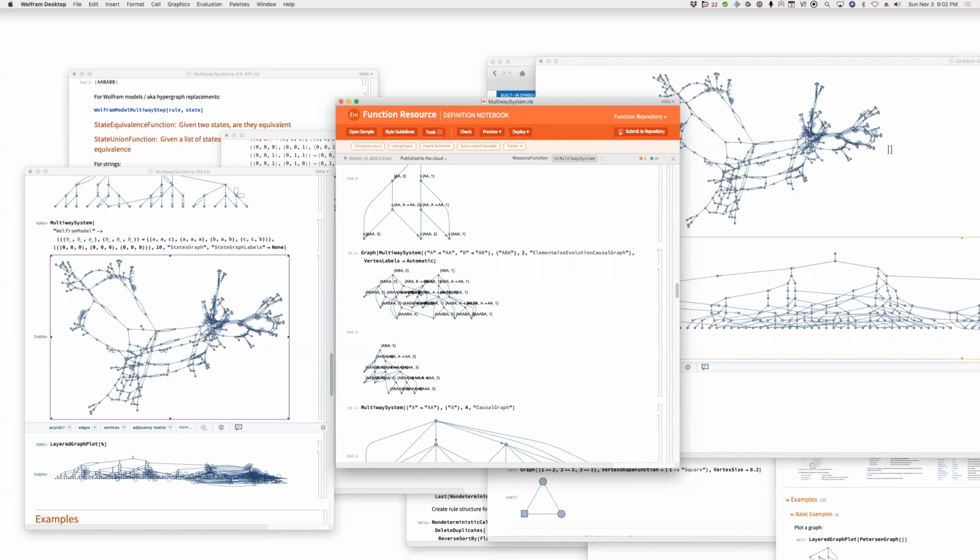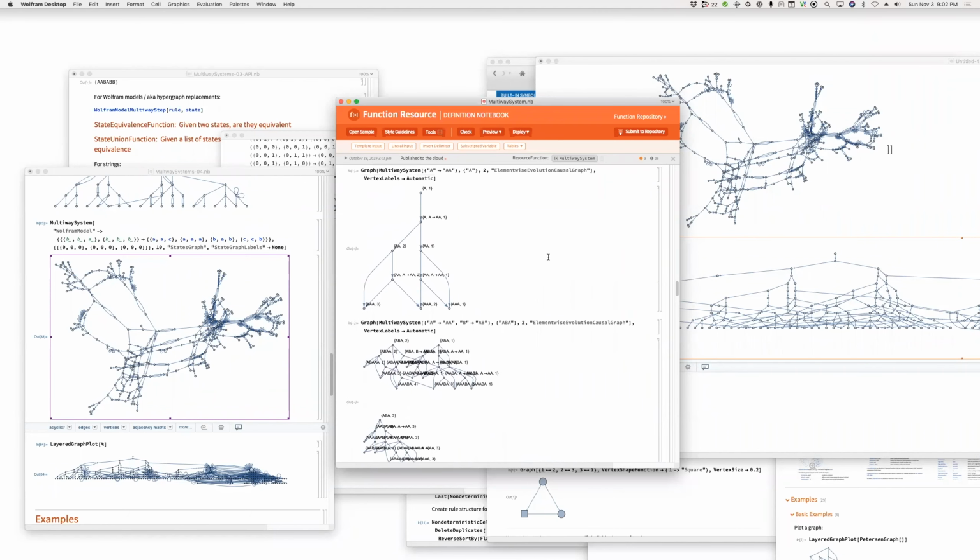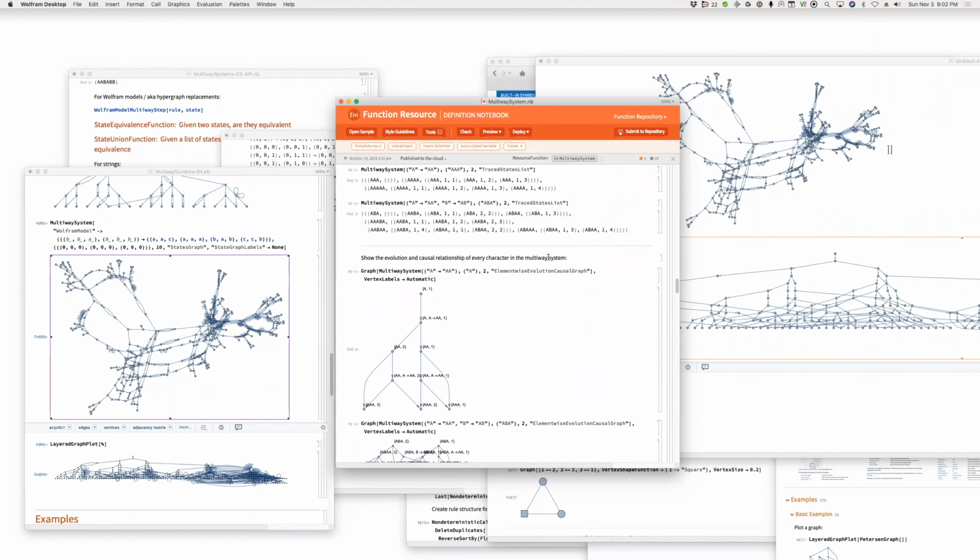What the hell is this? Element-wise evolution causal graph. See, look at this. This is something different. This has both events.